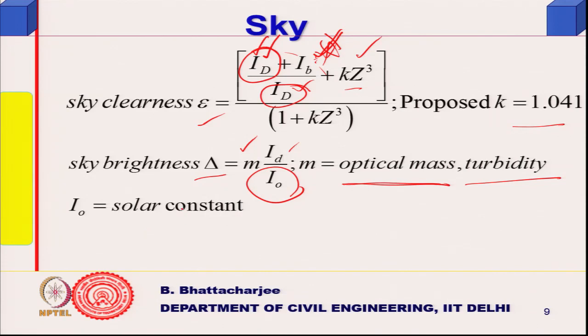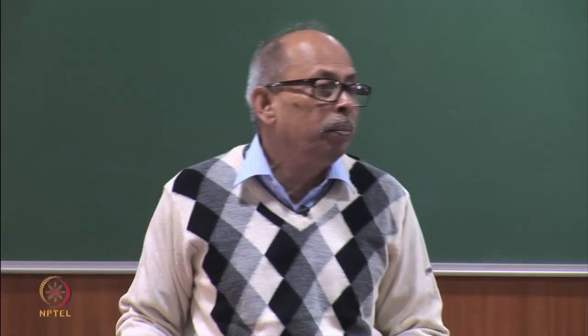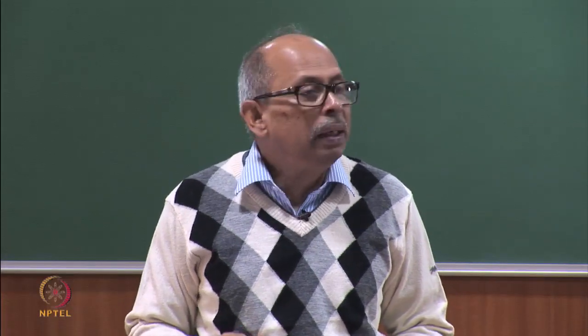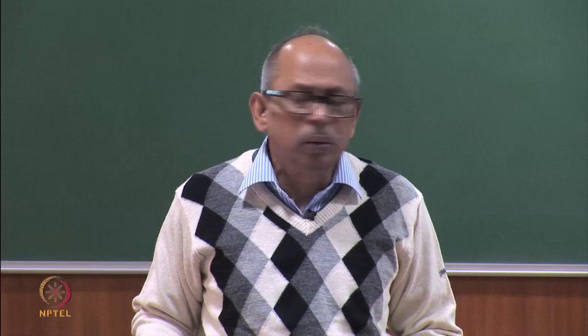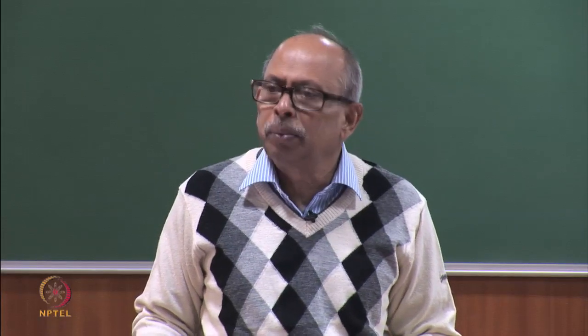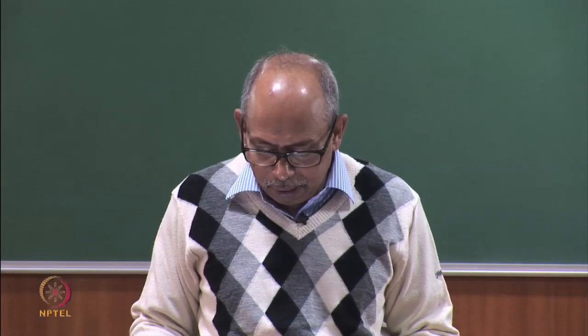So, in the model proposed by Perez, he tries to handle the fact that data for brightness of the sky may not be available everywhere. But this was validated, as I said, mostly for subtropical climates, not for tropical climates.